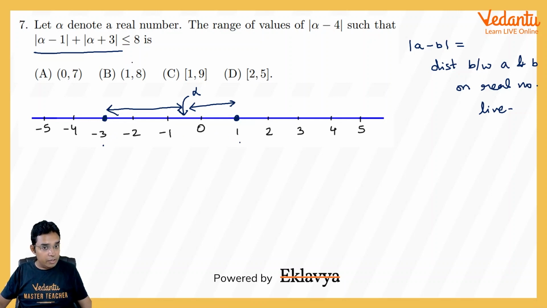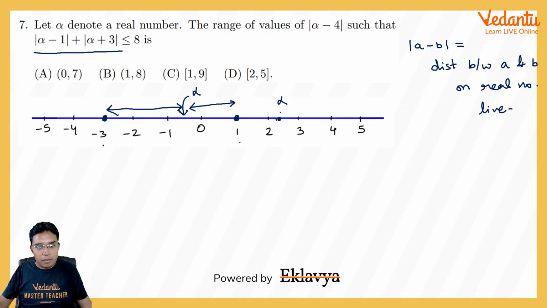Now, if I take my alpha to be bigger than 1, maybe here, then you can see the distance from 1 and the distance from -3, they both will be more than 4, and we want this to be less than 8.